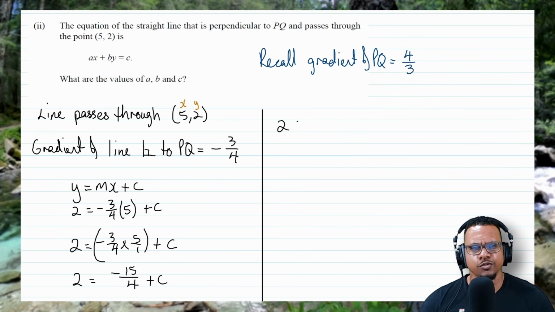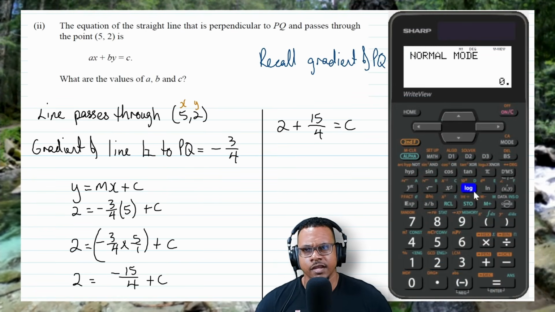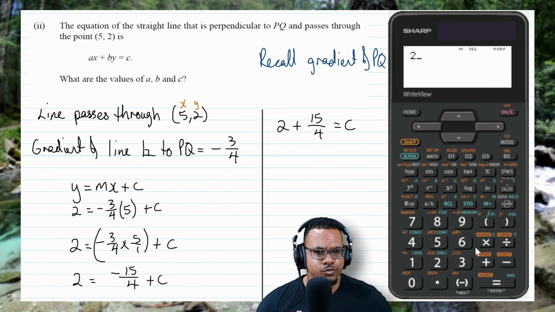So we'll have 2 plus 15 over 4 is equal to c. I can do that on my calculator, and we get 5 3/4. Let's change that to an improper fraction, which is 23 over 4. So 23 over 4 is equal to c.